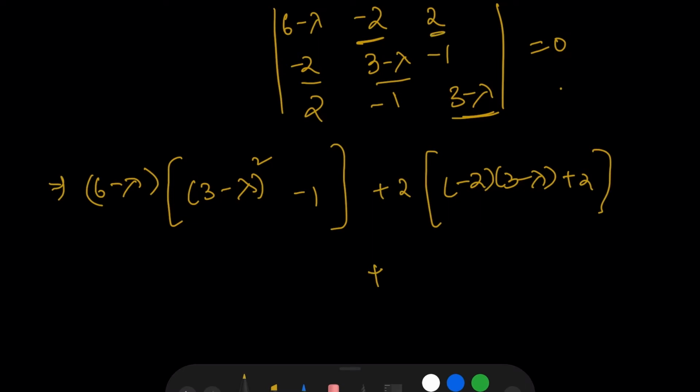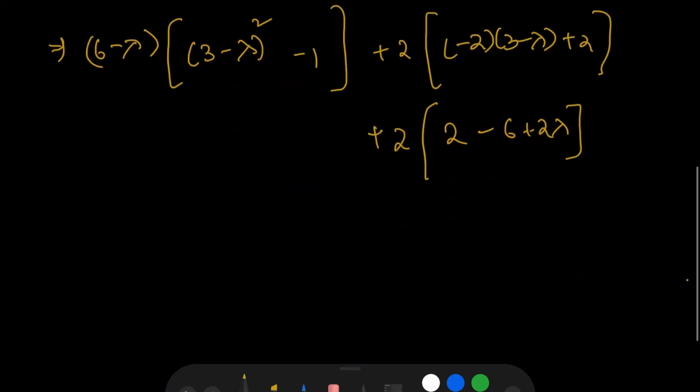So for this thing, 2 into minus 2 into minus 1, that is 2, and minus 2 into 3 is minus 6, and minus 2 into minus lambda is plus 2 lambda, right? So we'll further solve this equation.